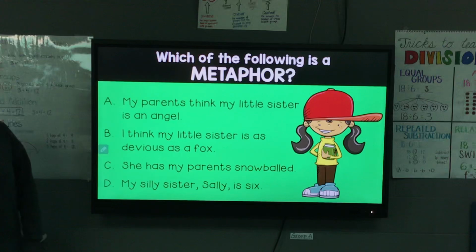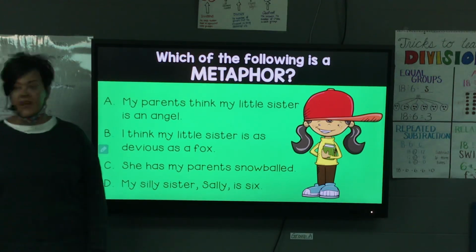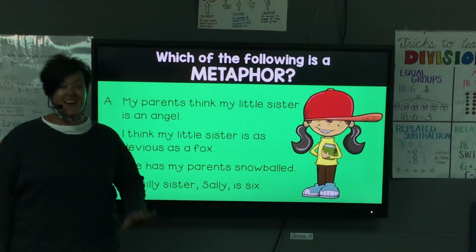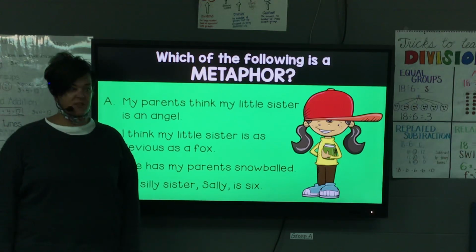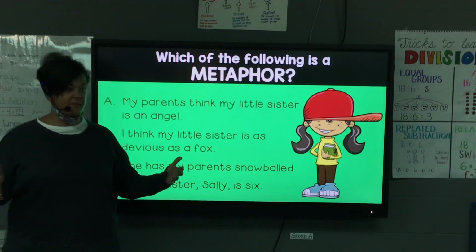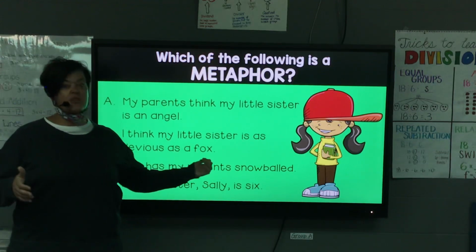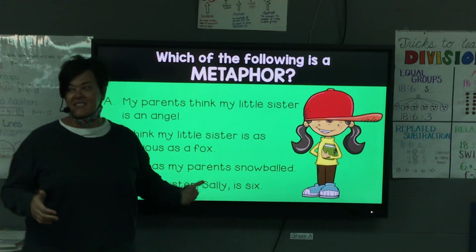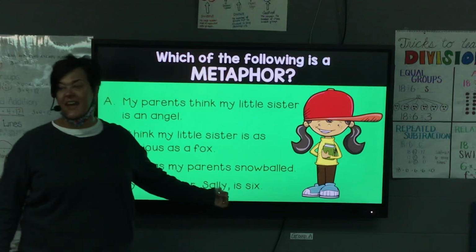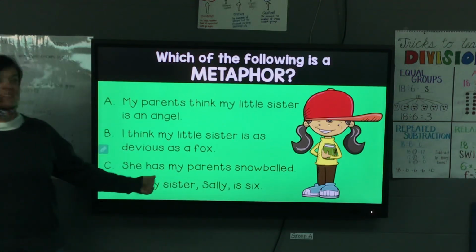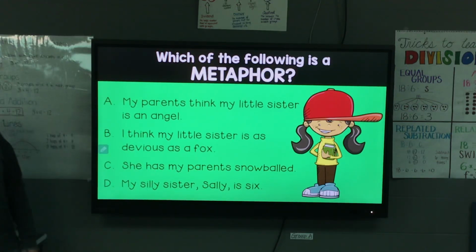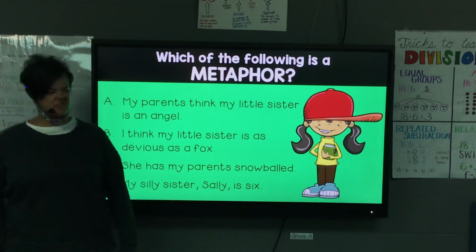Is anything being compared here? I think my little sister is as devious as a fox. Yeah, they're comparing, but remember sometimes there's always a big but in the way? They are using as. So that makes this one a simile. That's not a metaphor, is it? She has my parents snowballed.